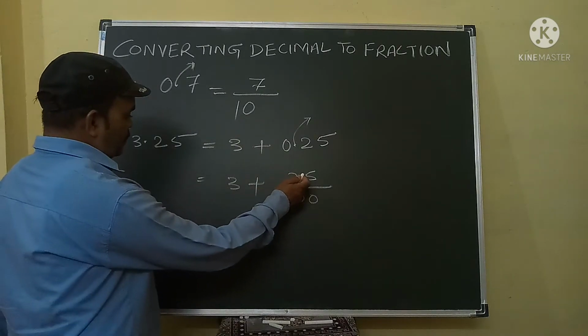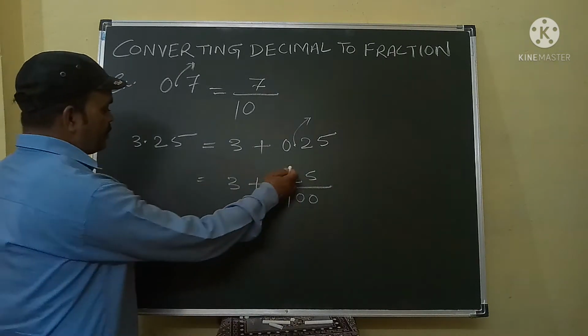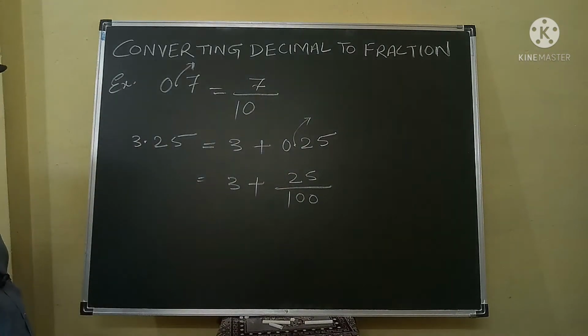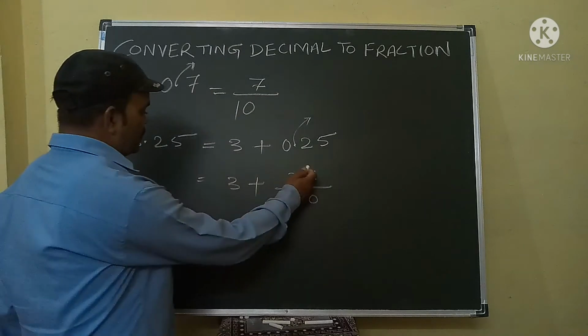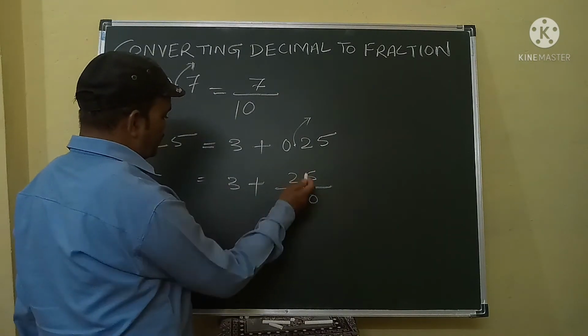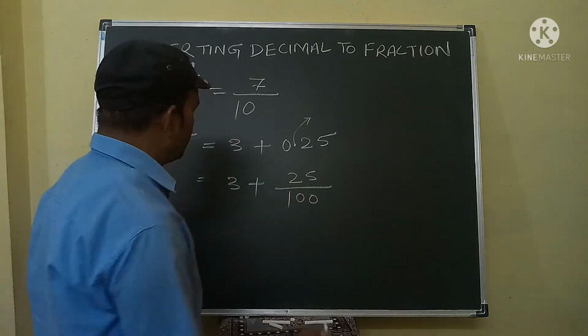Now what will we do? 25 upon 100. We will find the simplest form of the given fraction. As you know very well, this is 25 and this is 100.